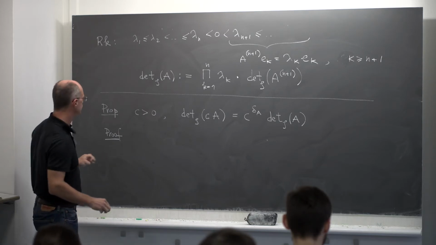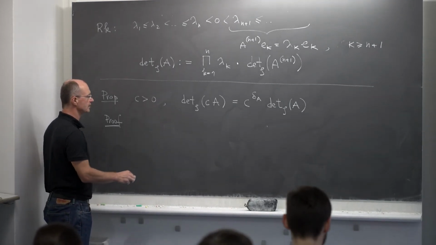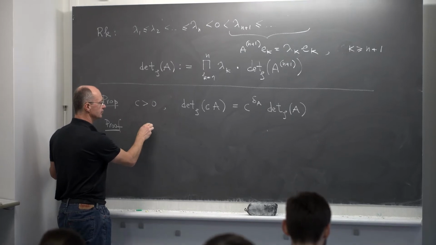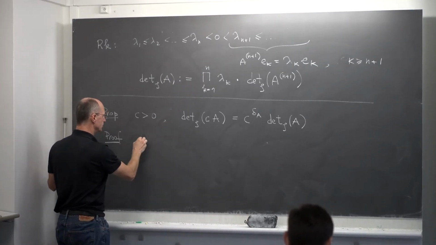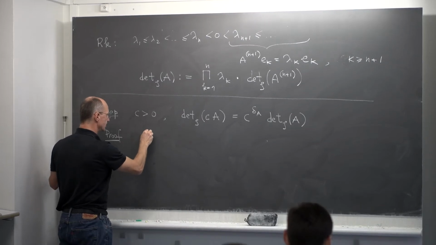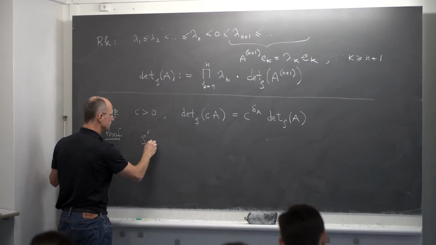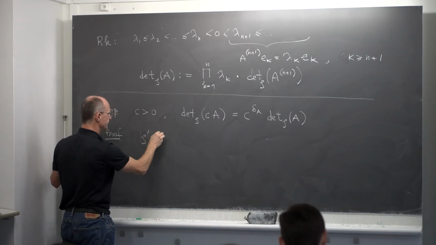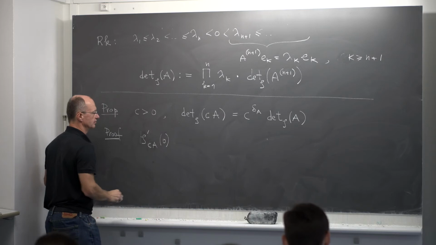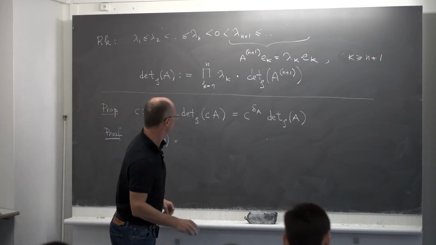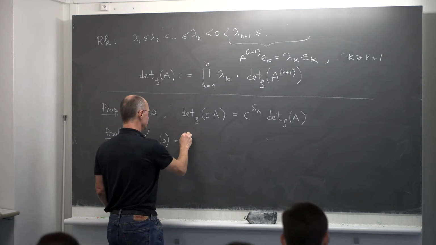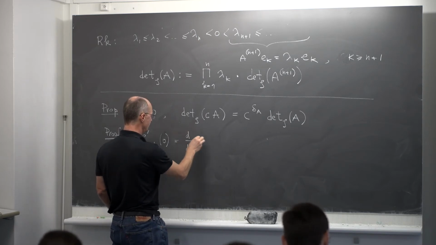Now here is the proof. So by definition, right, we need to consider zeta prime of cA at 0, right? So this is d over ds.